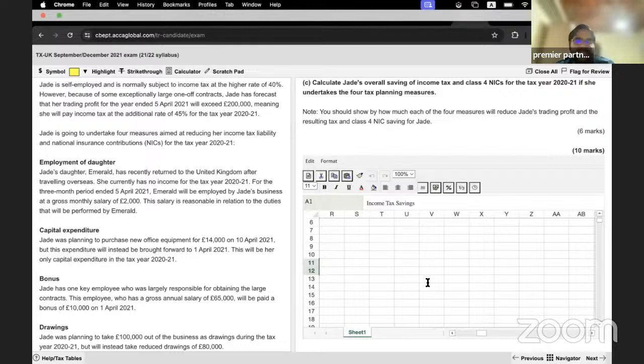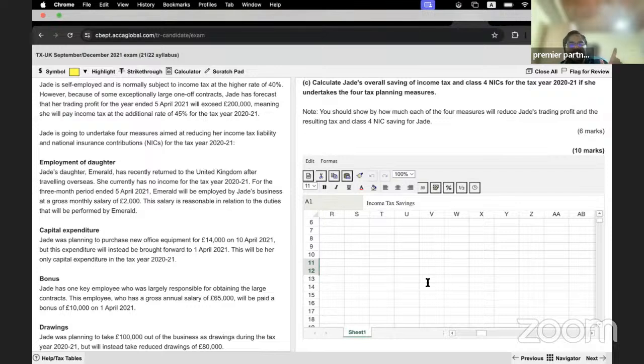So she will be employed for 3 months, no? So 2000 into 3 would be 6000. Razi, are we okay? Right. Yes, because you are correct.